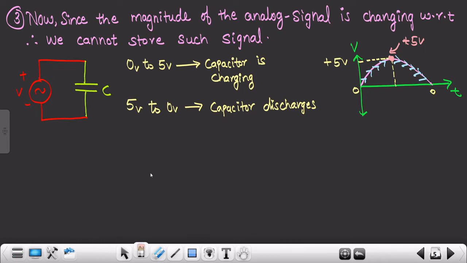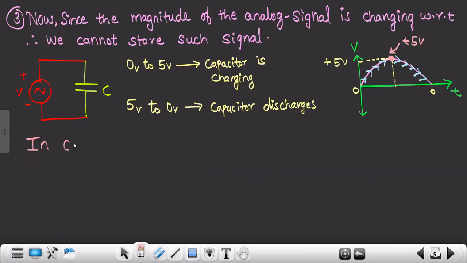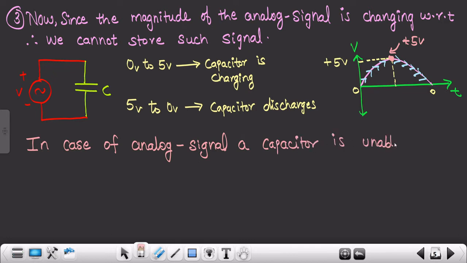This is just a sinusoidal signal, but since we are dealing with analog signals, we can write: in the case of an analog signal, a capacitor is unable, or fails, to hold or store a charge.